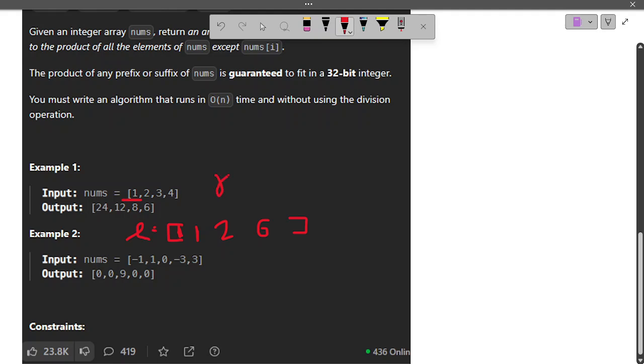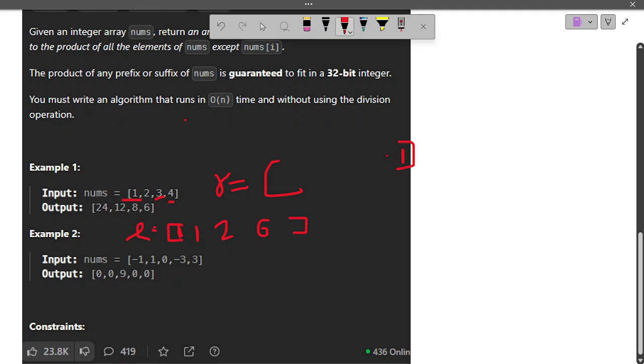If you find the right array, then you multiply the corresponding elements and you get the output array. Here look, the right of 4 is 1.